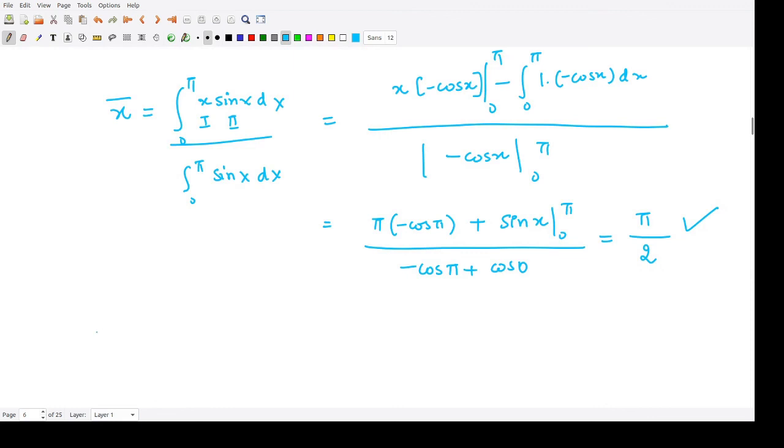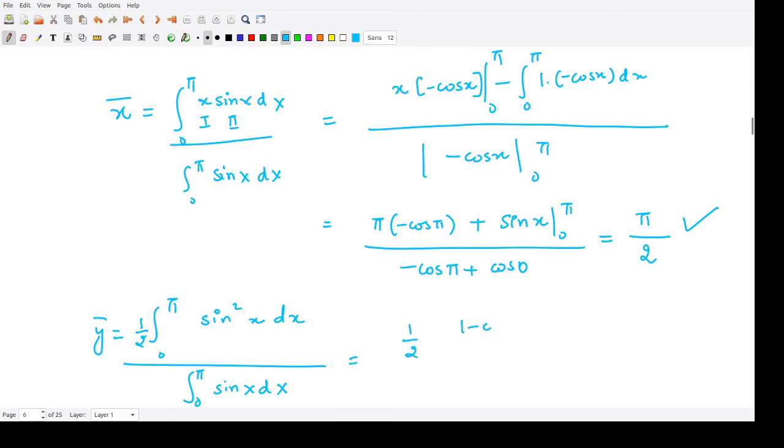So what would it be? y bar is integration from 0 to pi sine square x, with 1 by 2 taken out, dx, and then divided by integration 0 to pi sine x dx. So here you would use the double angle formula, and then perform its integration.